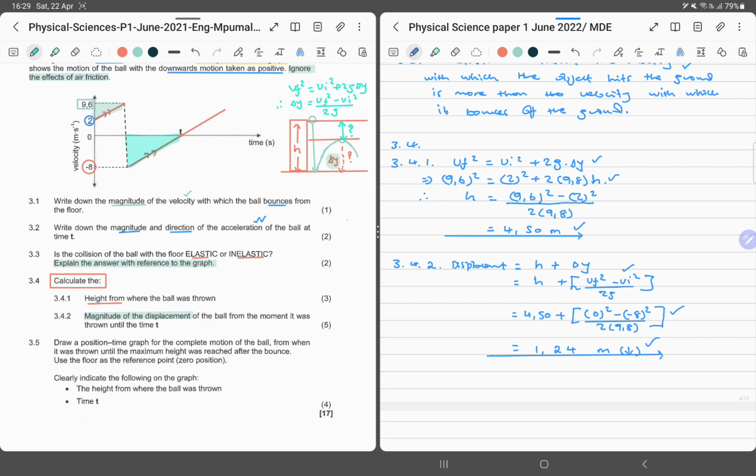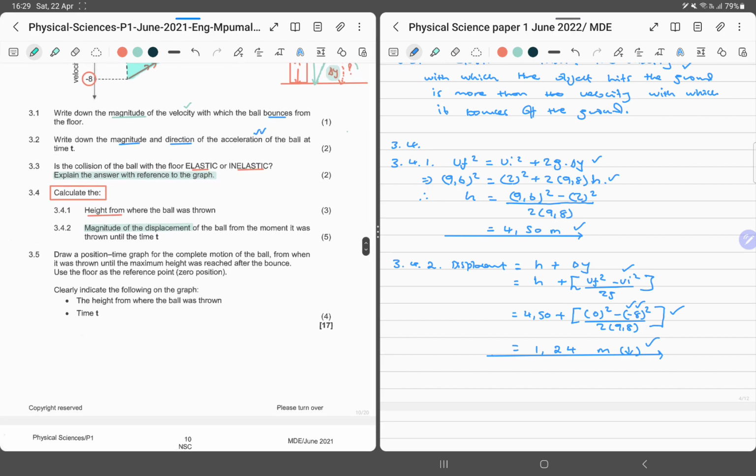Basically, the 2 marks come from these calculations here, because this would have been a separate calculation if you think about it. Or you can just simply say you want to calculate this separately, you get 3 marks, and then the final 2 marks is what you would do at the end. Either way, 5 marks in the bag. All right, let's move on.